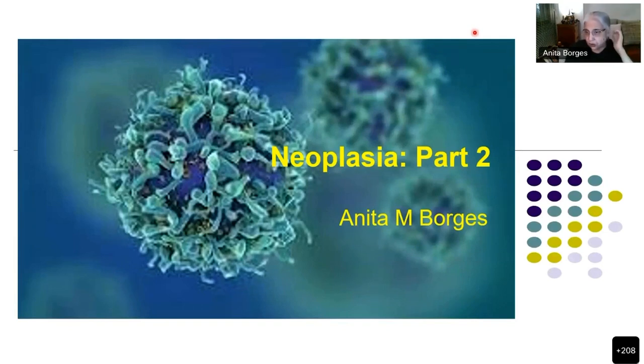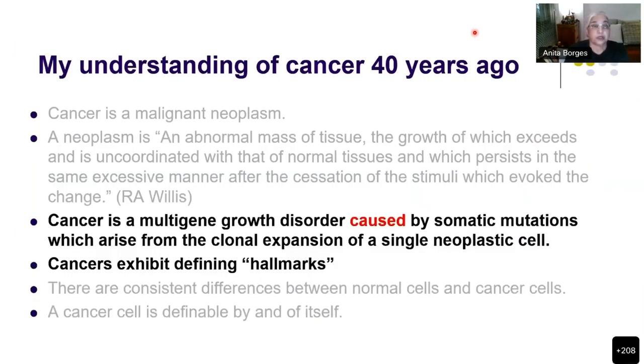Now let us go to neoplasia part 2. This is the stuff that did not arise necessarily from the questions that I asked. Now this was my understanding of cancer 40 years ago. It's exactly the understanding of cancer that you find in most textbooks even now.